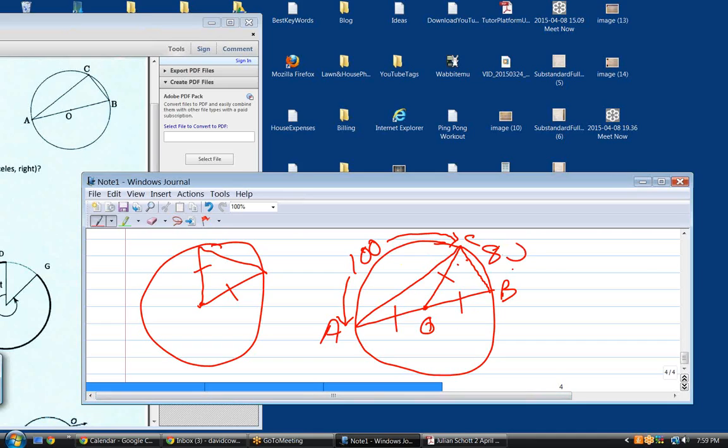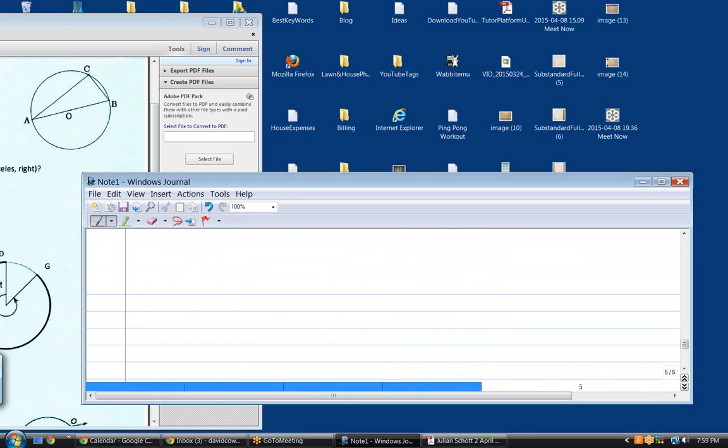Okay. Now, you have a situation in geometry where if you have two chords intersect like that, and this is 80, what's this angle down here? It's half of that.